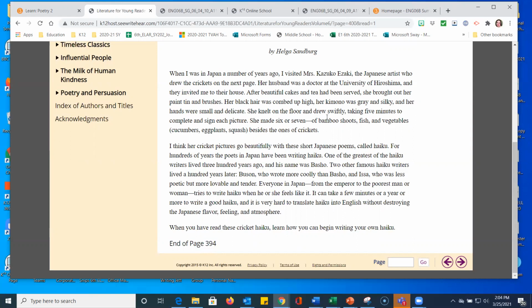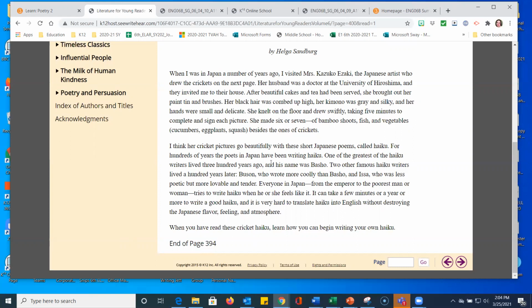She knelt on the floor and drew swiftly, taking 5 minutes to complete and sign each picture. She made 6 or 7 of bamboo shoots, fish, and vegetables, cucumbers, eggplant, squash, besides the ones of crickets. I think her cricket pictures go beautifully with those short Japanese poems called haiku.